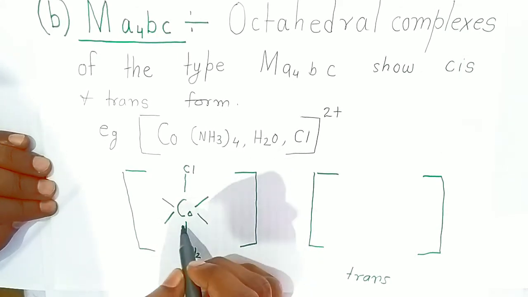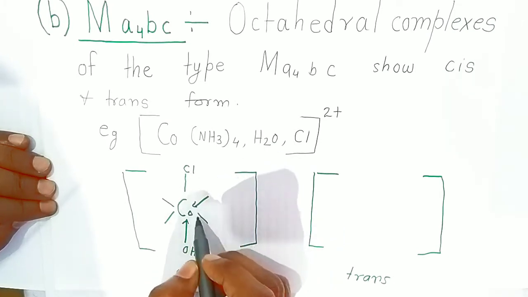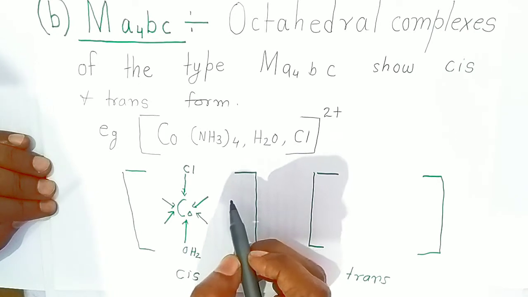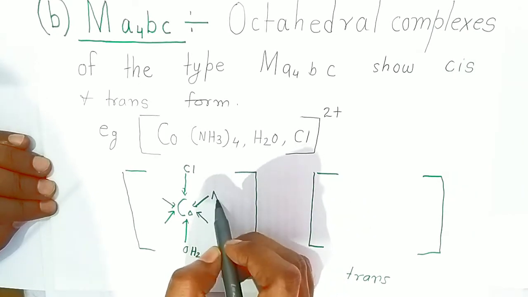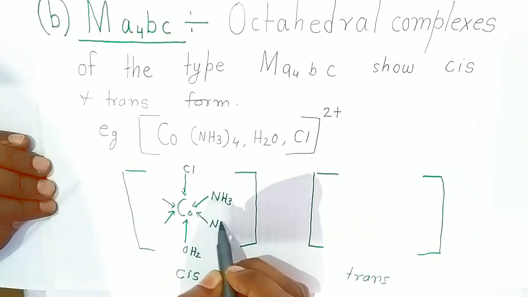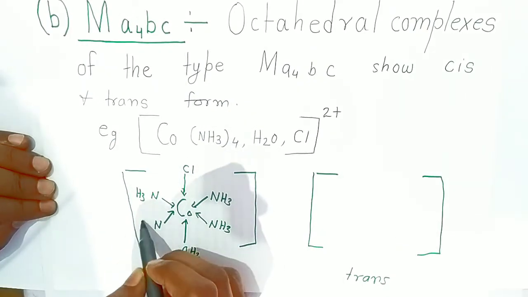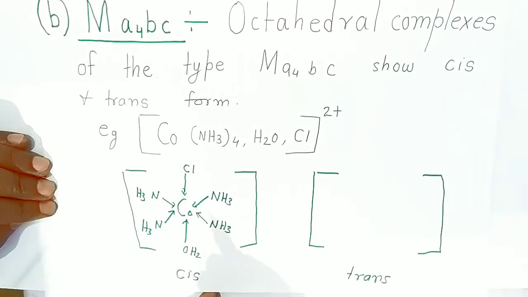The oxygen of the water is going to donate the lone pair. All are donating lone pairs, so you can put the symbol like this. Because we are writing the cis structure, the ammonia will be present here, and the nitrogen of the ammonia is going to donate the lone pair. So this is the cis structure. This complex has 2 plus.